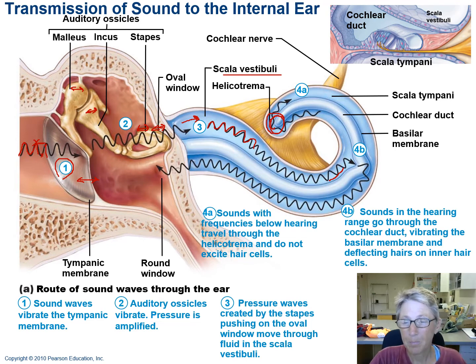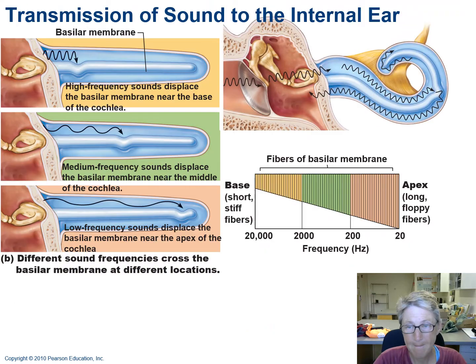It goes through the cochlear duct, so that frequency of sound wave will indent here on the cochlear duct, and it will start to vibrate that basilar membrane, and it will deflect hairs, those stereocilia, on the inner hair cells, and then those inner hair cells are going to do some biochemistry to tell the cochlear nerve that there's a sound present.